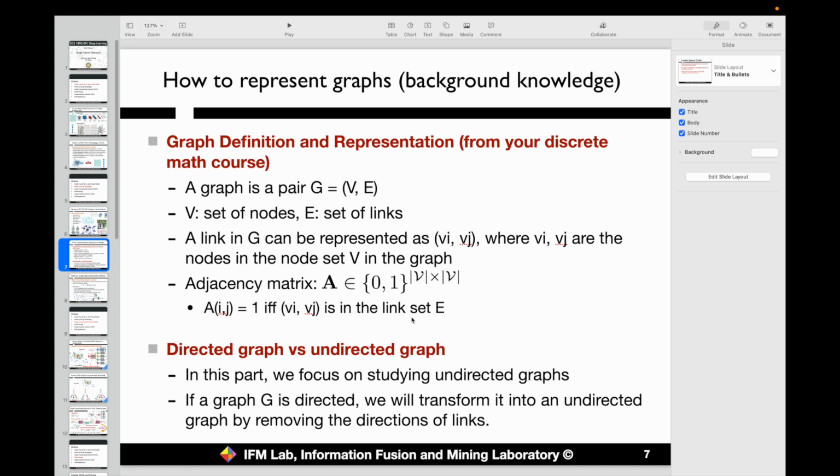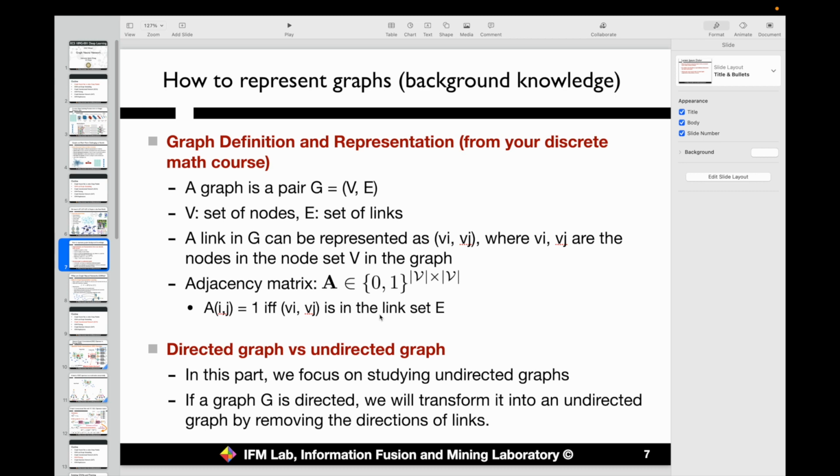Okay, then in the graph data, there are so many different topics, of course. Also, we have different kinds of graphs or different types of graphs we can study in the graph learning problems. So, for example, we can have either directed graph or undirected graph, depending on the direction of the edges we have in the graph. So in this part, we'll be focused on studying undirected graph instead.